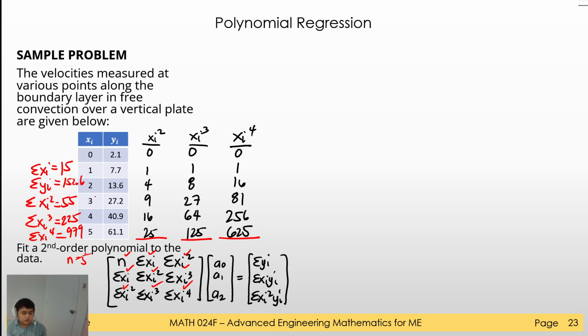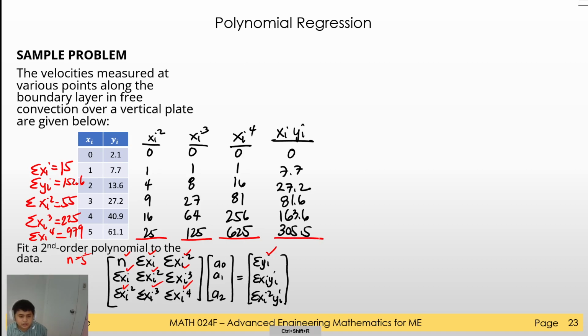So we have 152.6. Now the multiplication of xi and yi: we have 0, and then 7.7, and so on. Sorry guys, I'll just write this down since I already calculated the value: 163.6, and then 305.5.